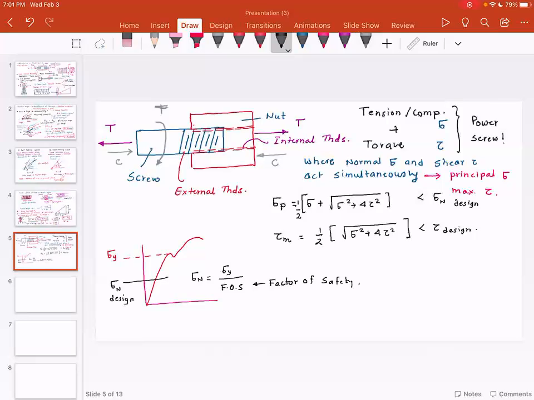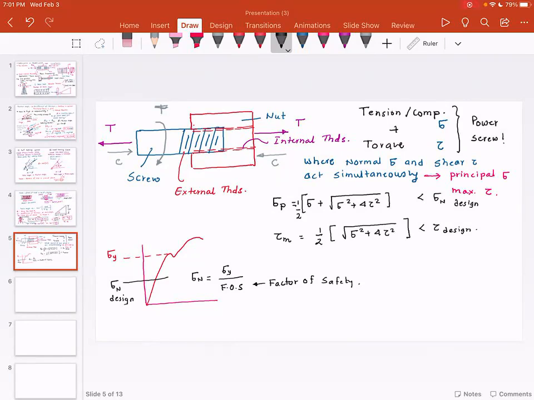Many times these values will be given to you, but if they are not, you can refer to the data sheet, or the design data handbook, or you can just look at the material properties and find the appropriate values for the design stress.